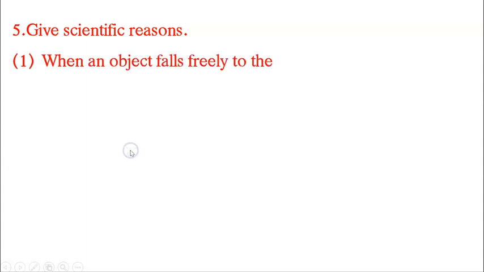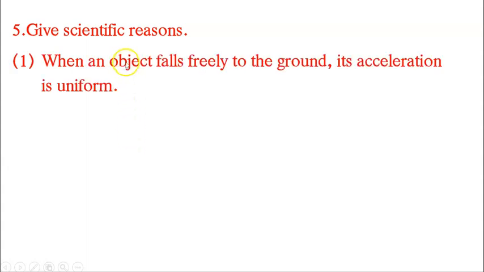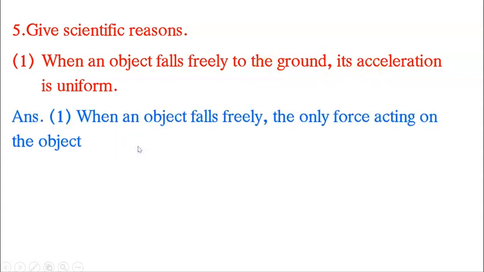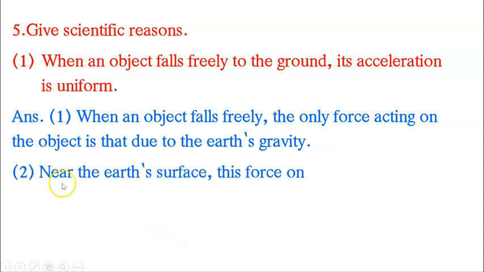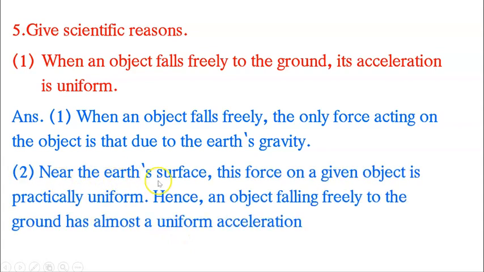The first is, when an object falls freely to the ground, its acceleration is uniform. Okay. Now the first is, when an object falls freely, the only force acting on the object is that due to Earth's gravity. Next is, near the Earth's surface, this force on a given object is practically uniform.